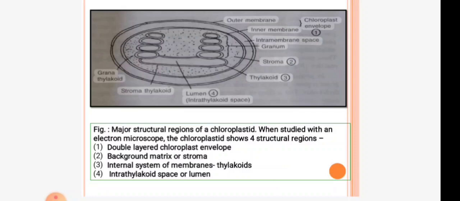Let us see this figure. It shows the structural regions of the chloroplastid: the double layered chloroplast envelope, matrix, internal system of membranes, thylakoids, interthylakoid space or lumen, stroma thylakoid and grana regions.